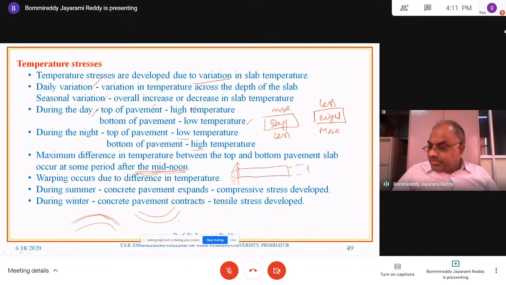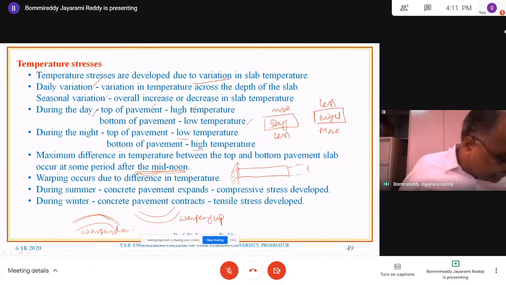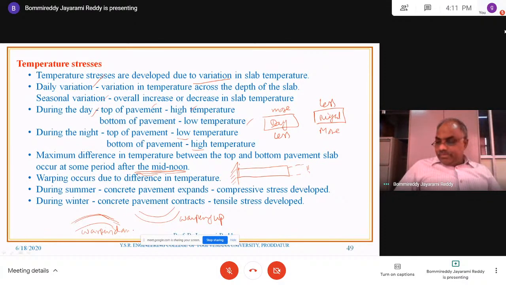Okay, so we can call this warping up, and we can call this warping down. Warping up and warping down. So just observe here that there is a difference of temperature between top and bottom.